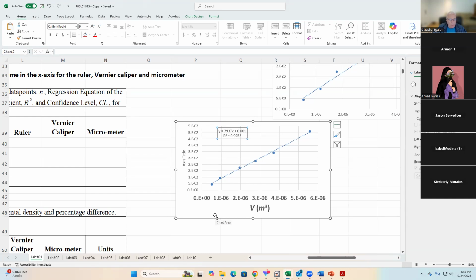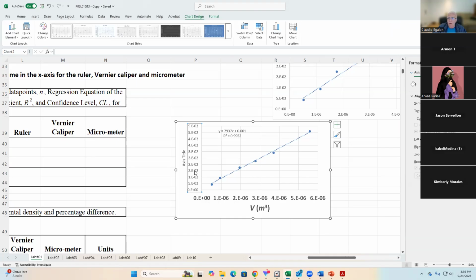So you can do two things. You can eliminate some of the labels here, and it's easy to do that. Just double click here and click on this one, axis options. Maximum, axis options. Let's see here. Oh yeah, units. You put a major unit, 0.001.